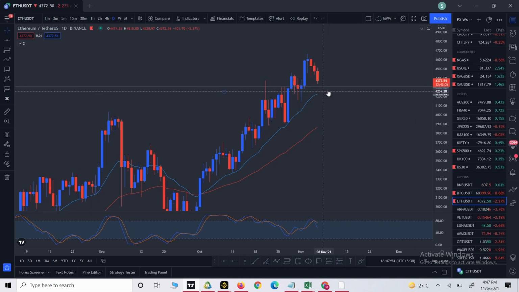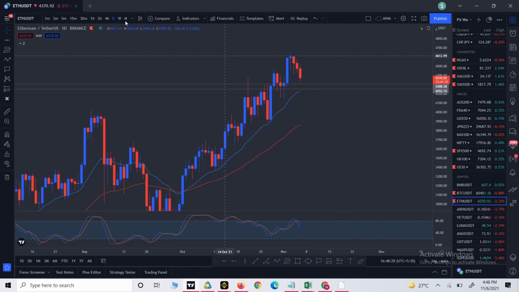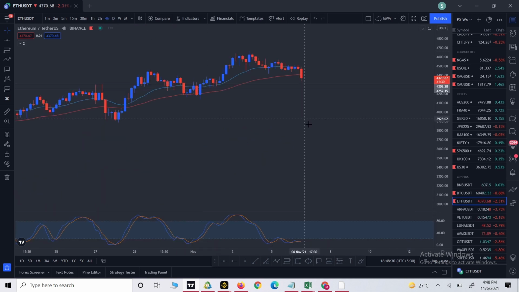This is going to be the zone where we are going to expect some kind of bullish price actions to go long, and if the price gives us a break and close below this low, we might find some bearish price actions in this market to go short as well. So we are going to wait for the price to pull back to this low. Accordingly, go to low time frames as well to look for some kind of bullish price action to go long. It's going to be the possibility on the Ethereum on the daily.